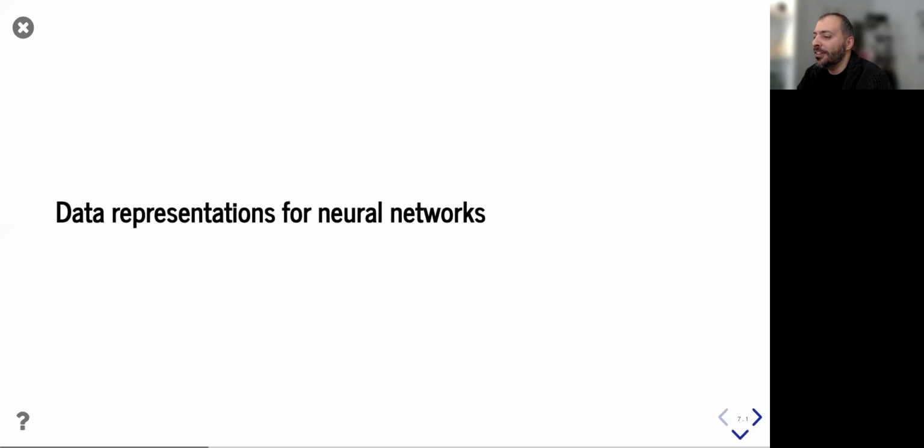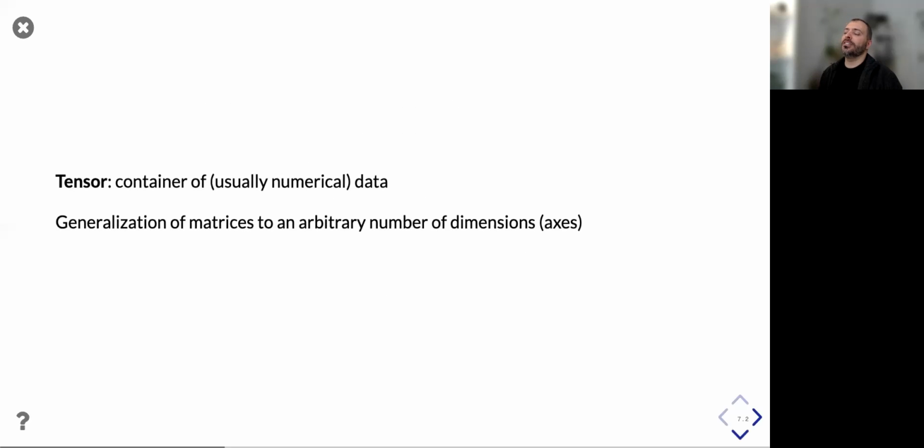A tensor is, imagine, a container of data. All the data we handle in deep learning is contained in tensors. The input to a layer is a tensor, the output of the layer is a tensor, the output of the model is a tensor. Everything is a tensor when we talk about data.